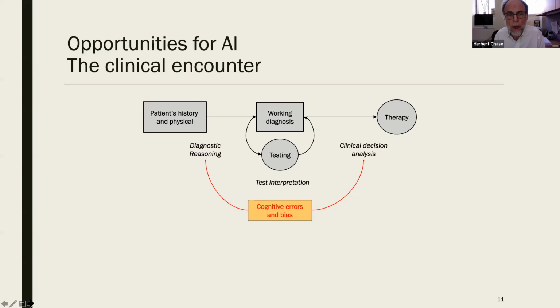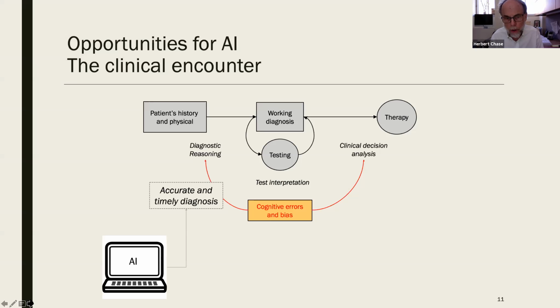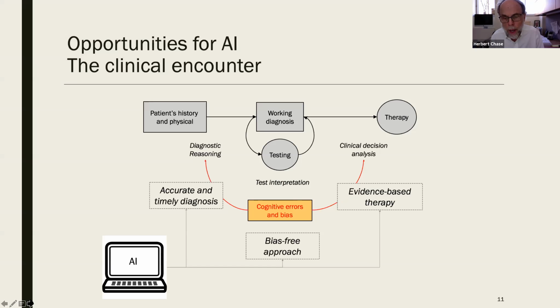This will interfere with accurate diagnosis and decision analysis. So a computer can actually help us on all those fronts. It can help us make a diagnosis. It can also help us come up with evidence-based therapy and find the right decision for that patient. And it can also embark on a bias-free approach.